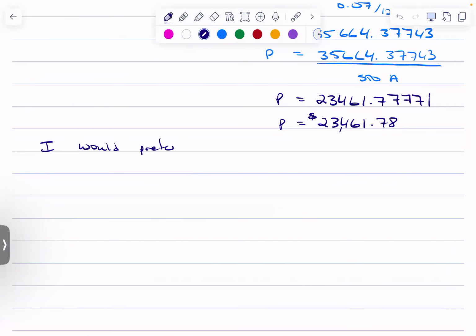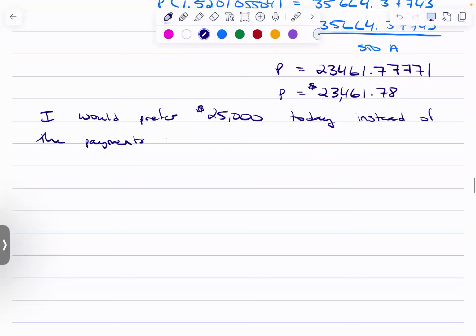I would prefer 25,000 today instead of the payments worth 23,461.78 today. Personal preference, but I'm feeling good about it.